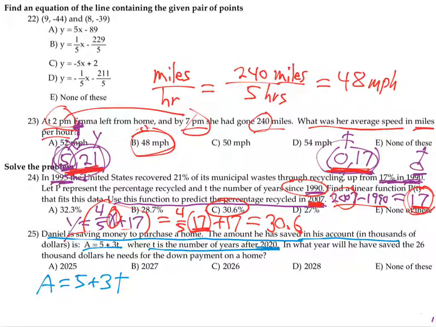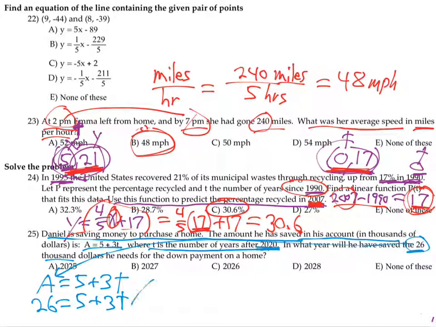So, in what year will he have saved $26,000? So that means we plug 26 in for A, don't we? They're saying they want the amount saved to be $26,000. So we plug the 26 in for A.